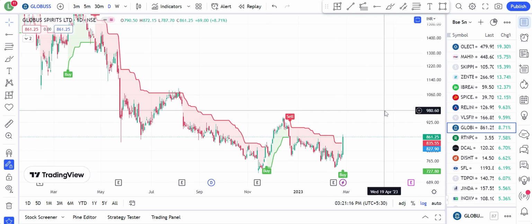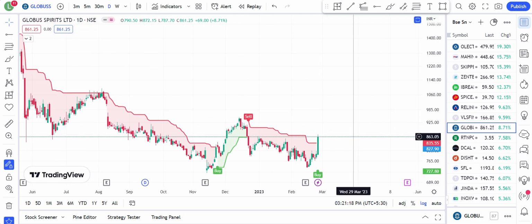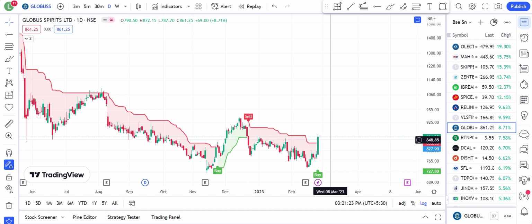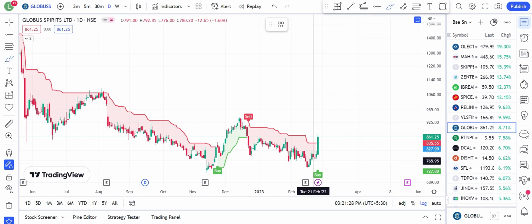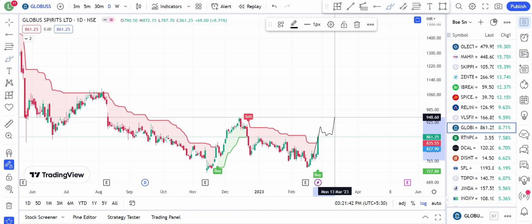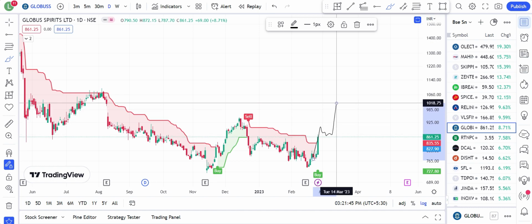The other one. This is Globus Spirits. It has given a buy signal on Friday. Do we enter here? No, we do not enter here. We just wait patiently. What is the next course of action? Let it do its thing. Let it give a pullback like this. If this signal is really genuine, that the money has been put into this stock by some big players, then it will surely do this.